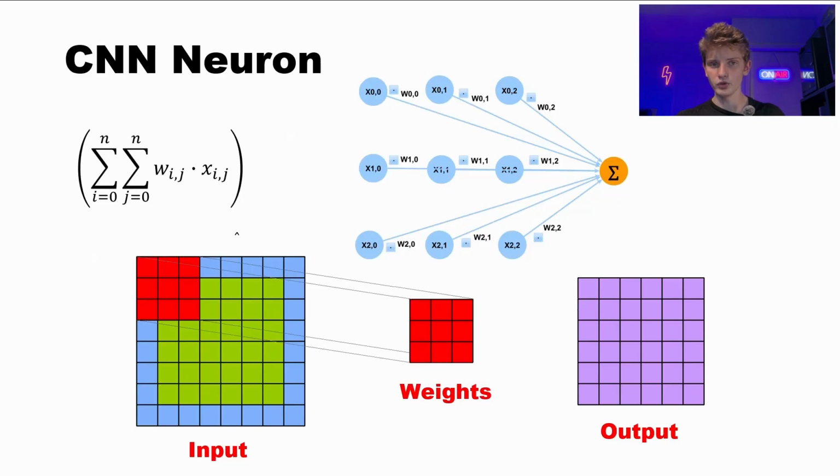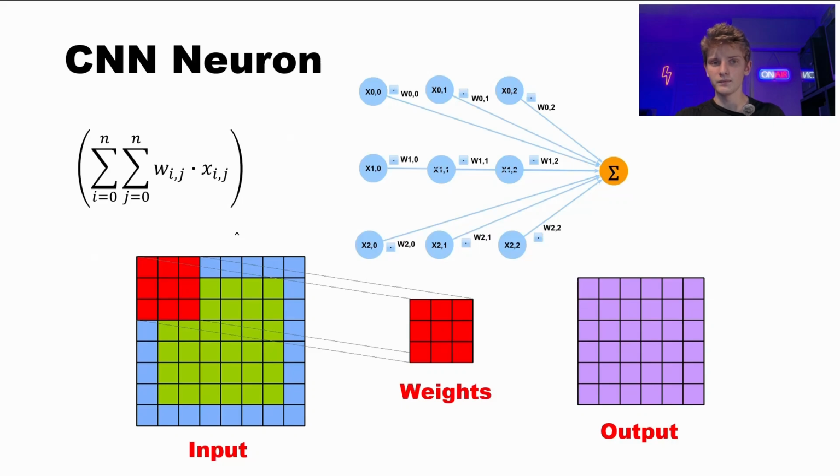And again, for convolution, we do an element-wise multiplication between our patch of our input image and our filter, and then we take the sum of that result. This is in fact the same thing that we do when we use a neuron. We take each input, we multiply it with its corresponding weight, and then we take the sum of those products. So that's how the convolution is applied here.